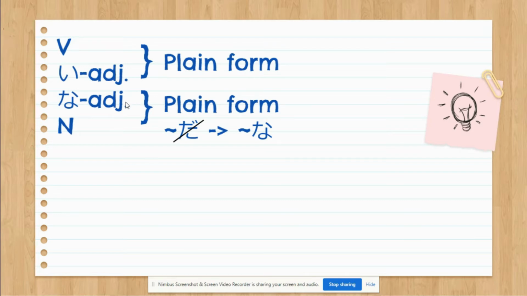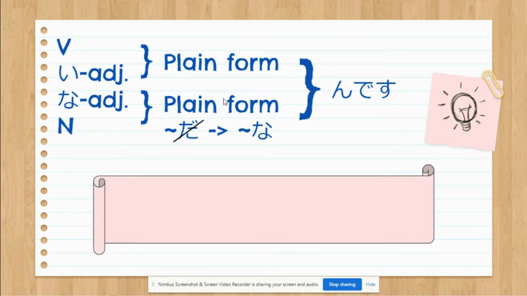And for na adjective and noun, we also just have to conjugate them to their plain form. Only we don't use da, but we use na. Supposedly, you should be able to conjugate this to their respective plain form. So, once you already conjugate it to their plain form, you just have to add en desu.